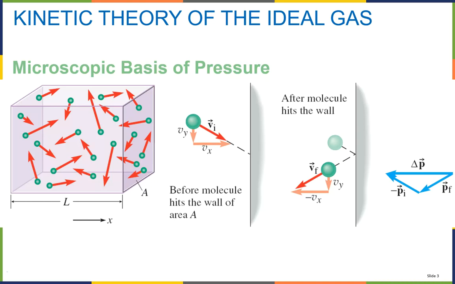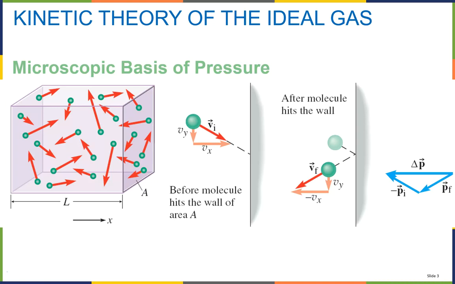Because you have a change in momentum over a change in time. Now, we're not going to do the derivation because the derivation would take 20 to 30 minutes. But change in momentum over change in time, that's a net force. And if I take that net force and I apply statistics, and in this case, the statistics is very simple.